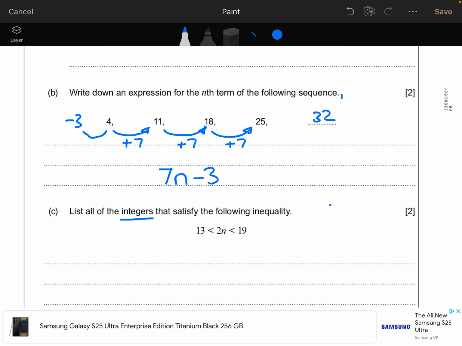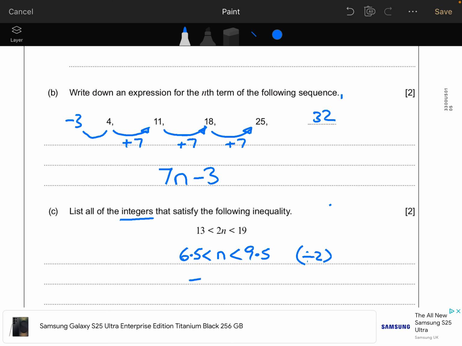So if I change the 2n to n, I'd have to divide by 2 to do that. So if I divide the numbers by 2 now, I've got 13 divided by 2 is 6.5 and 19 divided by 2 is 9.5. So I want all the integers, the whole numbers, between 6.5 and 9.5.